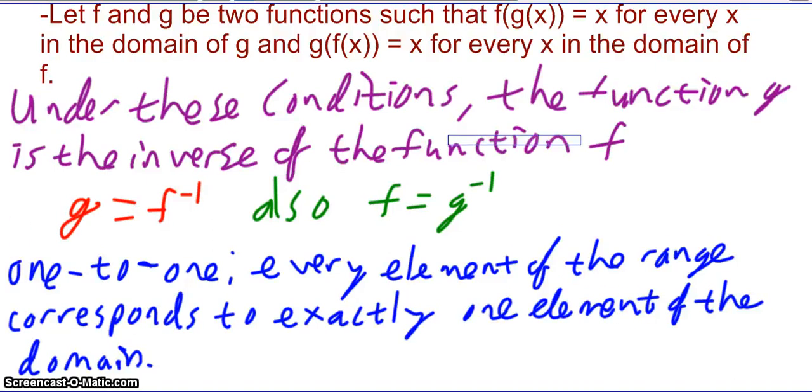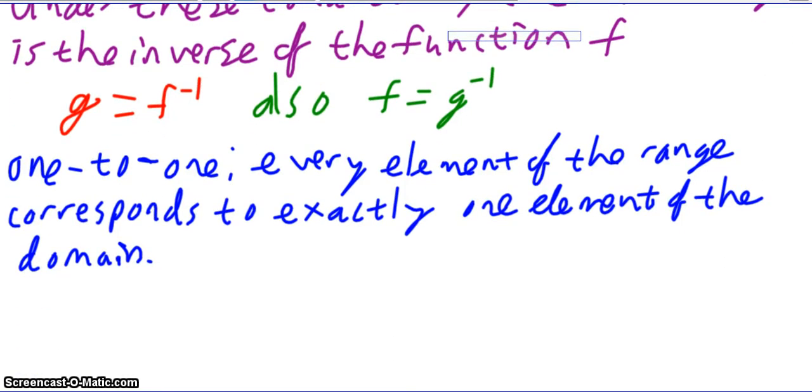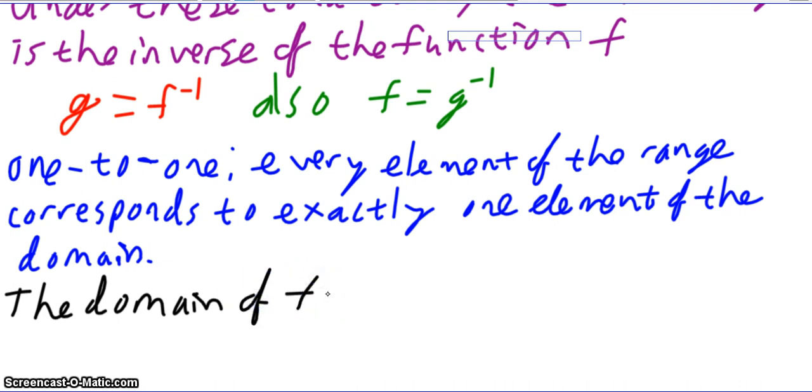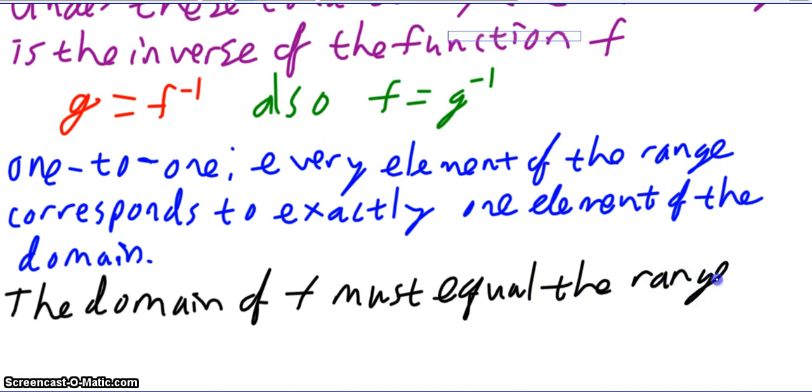Another relationship between a function and its inverse is the relationship between the domain and the range. The domain of, let's say, our function f must equal the range of f inverse.